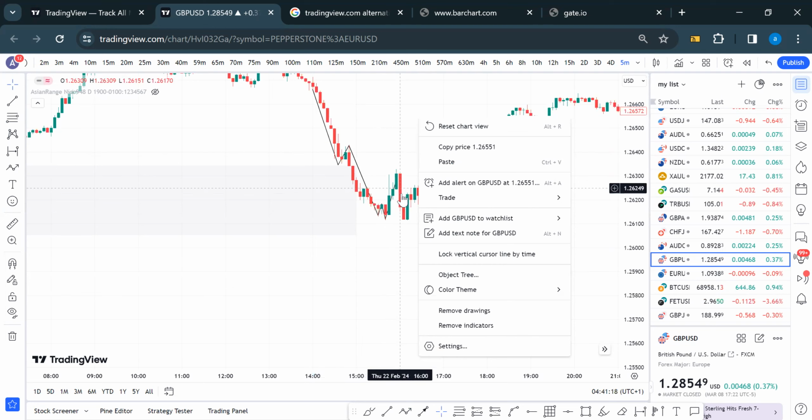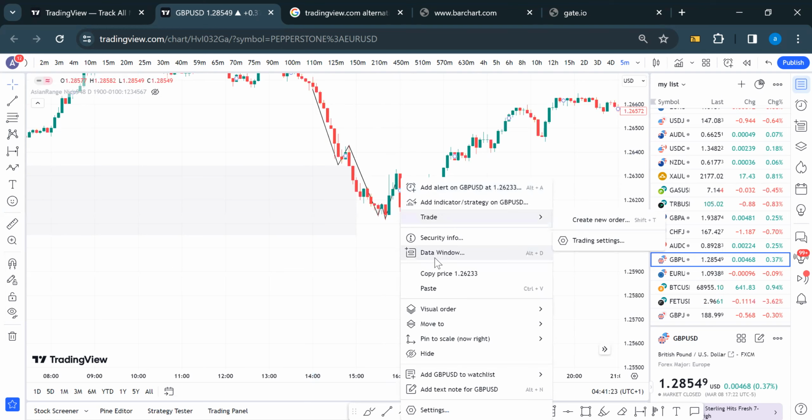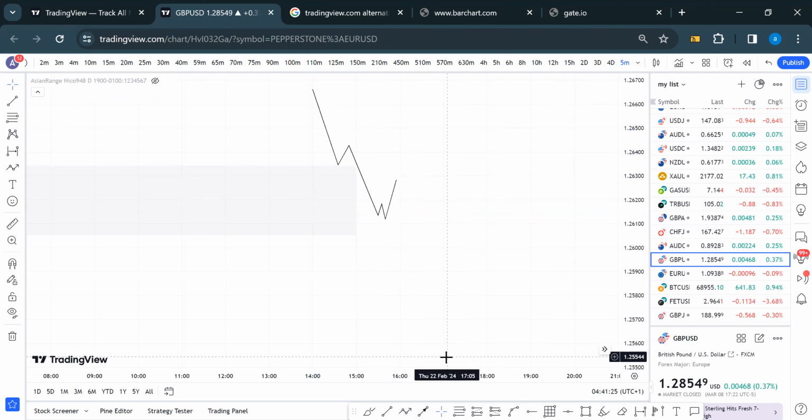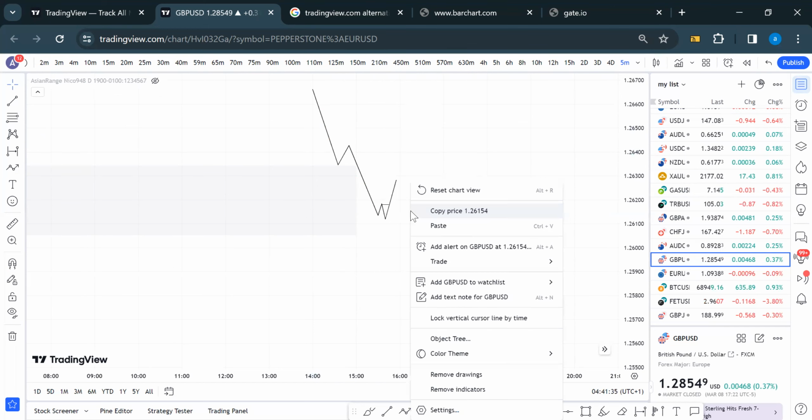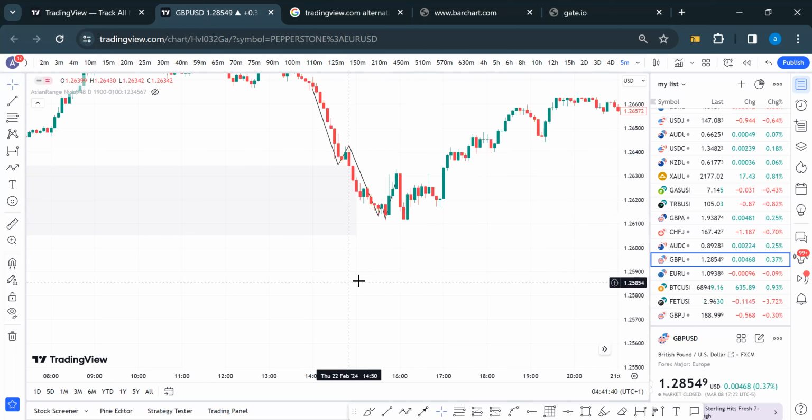If I hide this, then you see that we have a change of character clearly here with this line I've drawn. So that's all we need. So delete it.